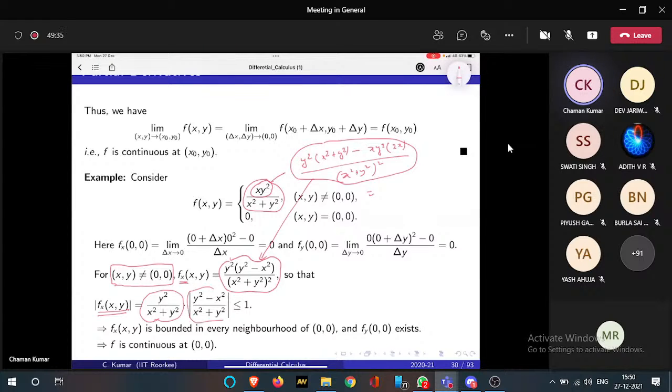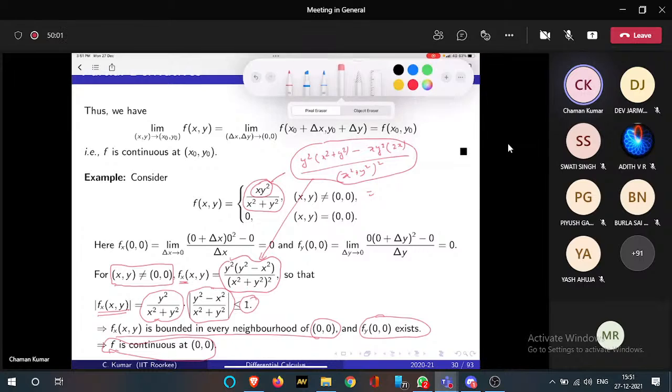Both the quantities are bounded by 1, so the product is also bounded by 1. So the partial derivative with respect to x is bounded in every neighborhood of the point (0, 0). Both the partial derivatives exist. That means the function is continuous using this theorem.